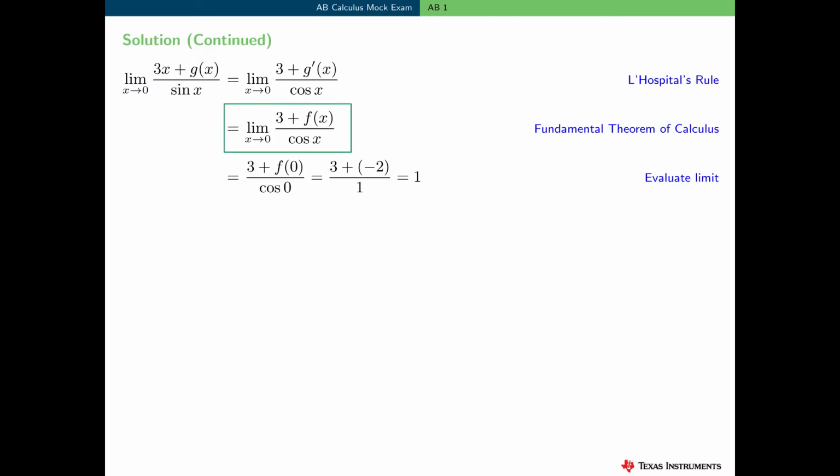The resulting expression is no longer in an indeterminate form, so we can evaluate this limit. In the numerator, first use the fact that g'(x) is equal to f(x). Then the limit is 3 plus f(0), and f(0) is found from the graph. In the denominator, the limit is cosine of 0, which is 1. So the final answer here is 1.